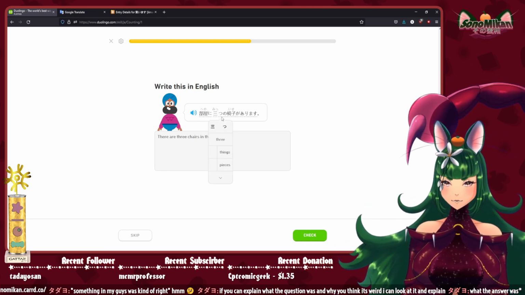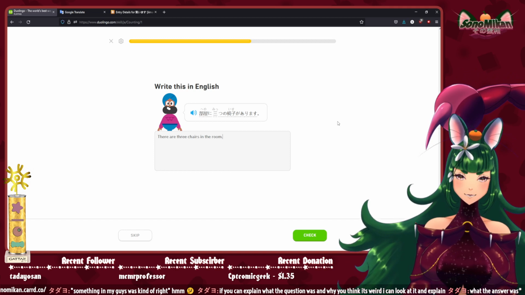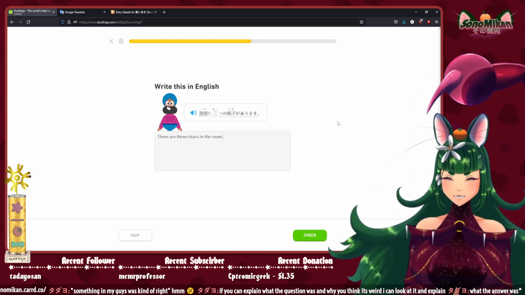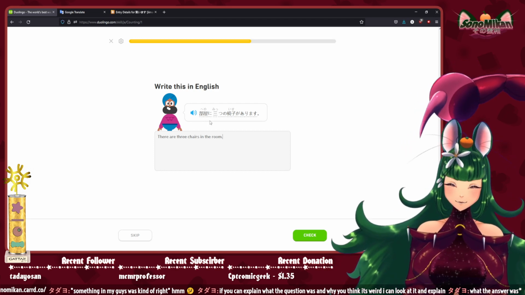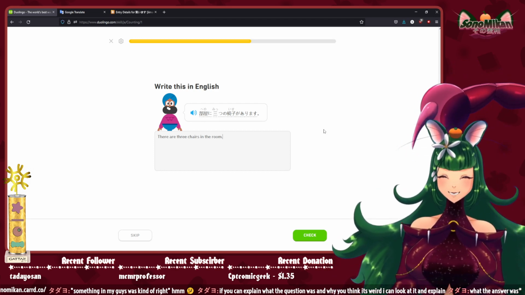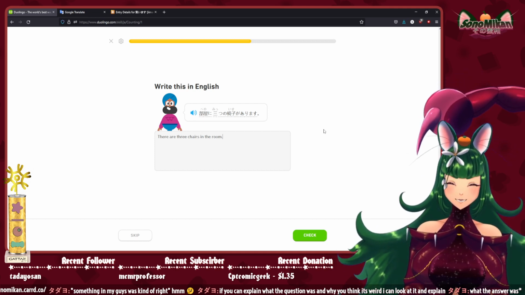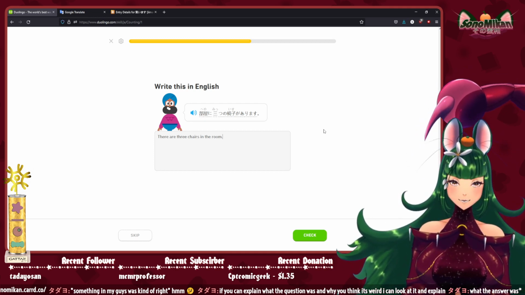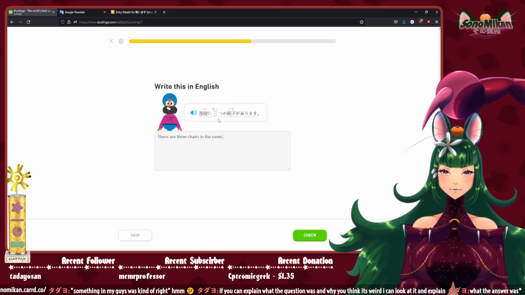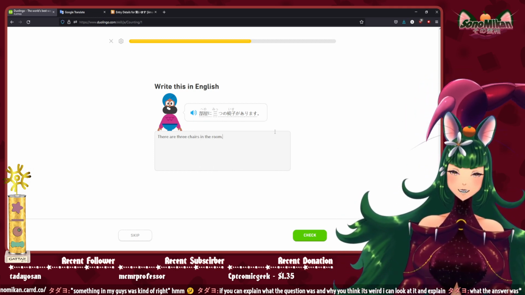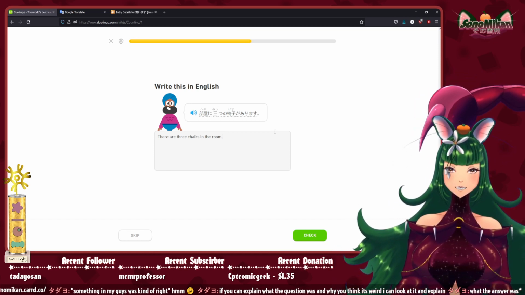So, it may be using no to connect mitsu to isu because we're otherwise discussing... I think I understand why no is being used to replace... Because normally it would be isu ga mitsu arimasu to just be there are 3 chairs.